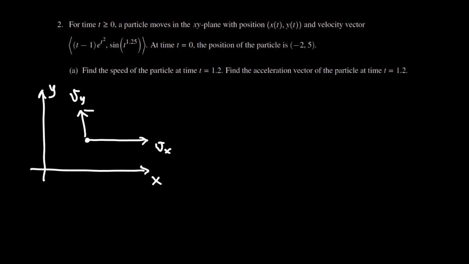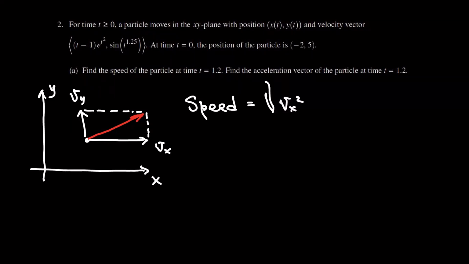And so the speed is the length of this vector here, which is the hypotenuse of the Vx and Vy triangle, the triangle which has them as the two other sides. And so the speed is equal to, by the Pythagorean theorem, the square root of Vx squared plus Vy squared.